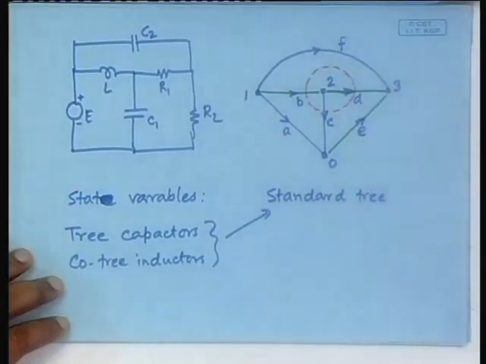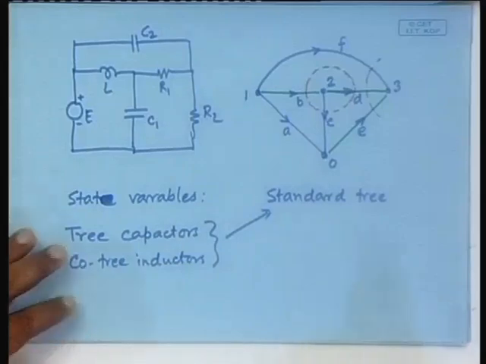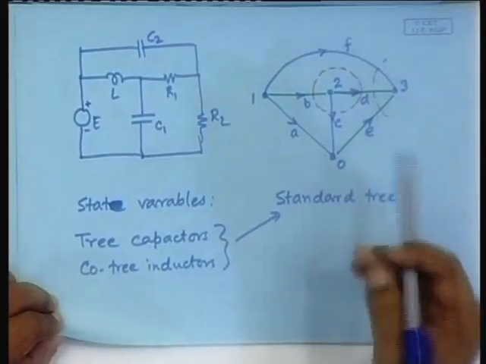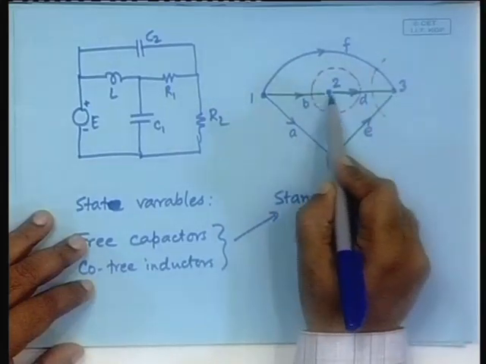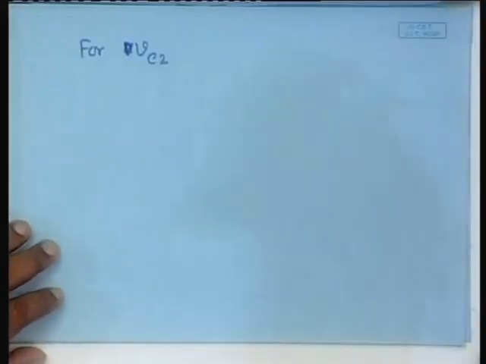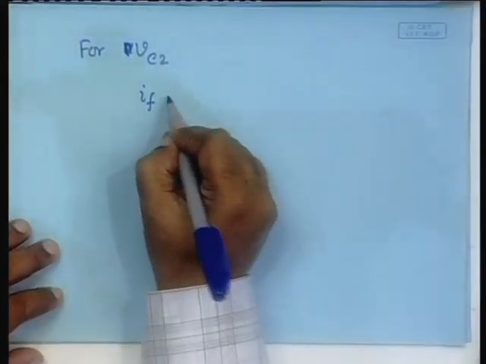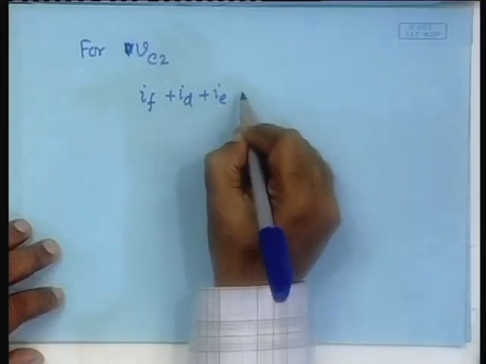This. Fine. Write down the equation. It is IF plus ID plus IE equal to 0.